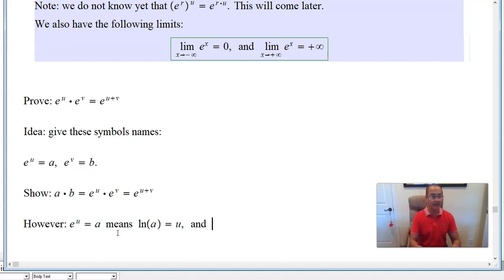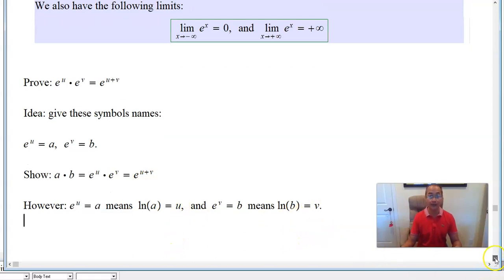E to the v must be b means that the ln of b must be v. So now what do we have on the other side? Ooh, we have e to the u plus v. Oh, wait a minute, we know u and we know v, so we can add those together. Thus u plus v must be ln of a plus ln of b.